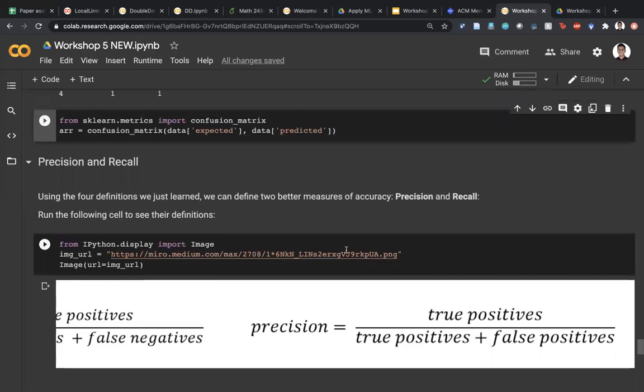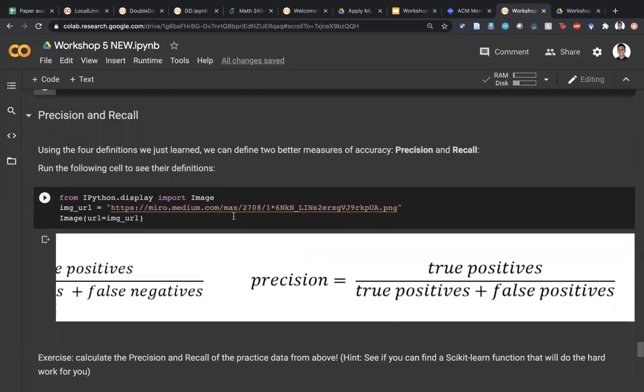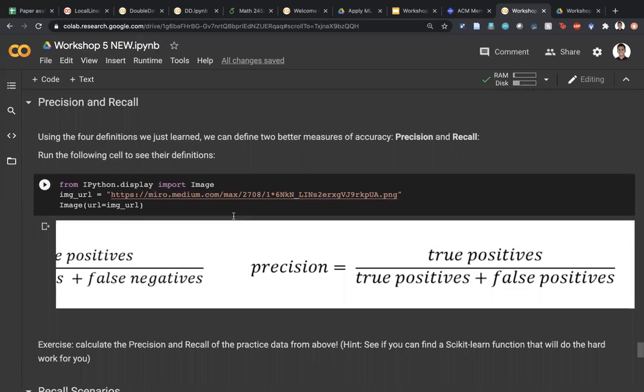Alternately, of course, you guys could use precision score that's inbuilt in sklearn metrics, like we used the confusion matrix function. There should be a similar one for precision and recall as well.